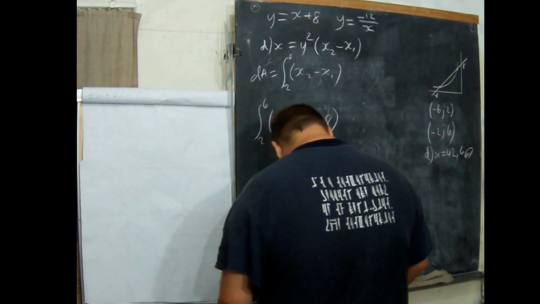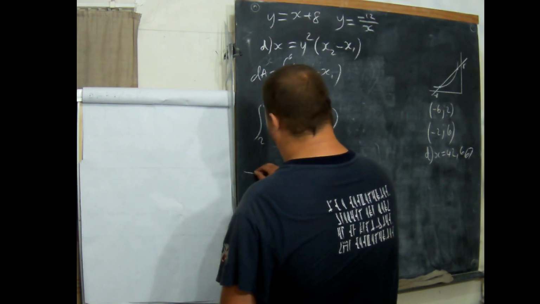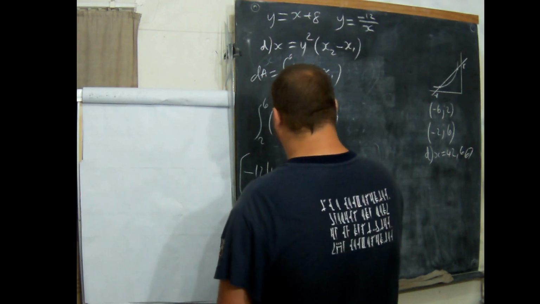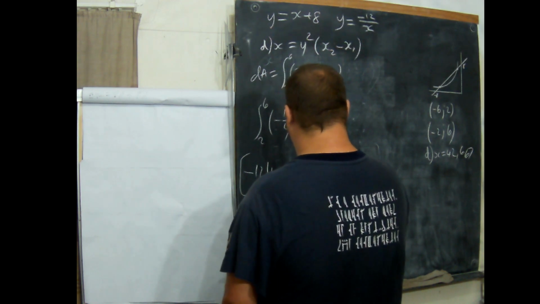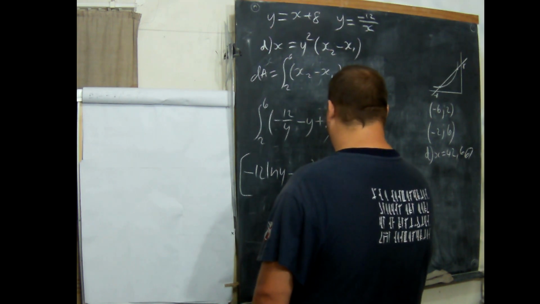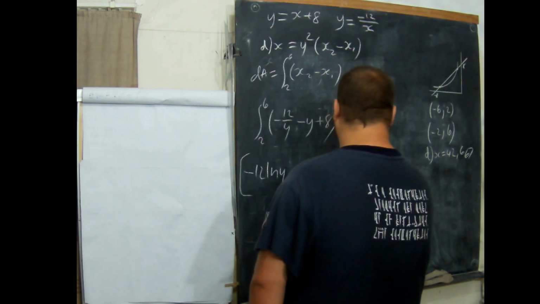So each term integrated will be minus 12 ln y, minus y squared over 2, plus 8y, between 6 and 2.